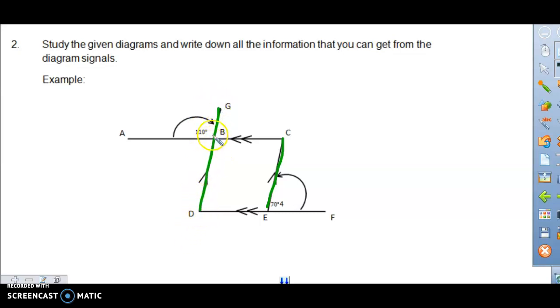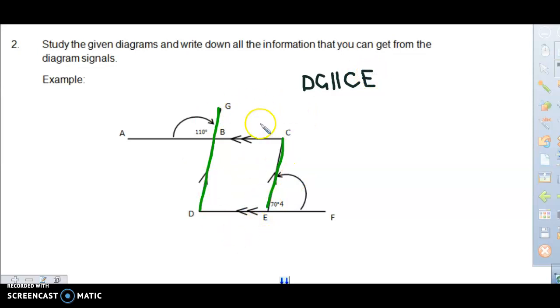You can use from D to B because it's the same side as D to G. But I'm going to use from D to G. So I'm going to say DG. And because they are parallel, I'm going to use the symbol for parallel, which is the two vertical lines. And DG is parallel to CE. So I'm just going to put that in, CE. That is given in the diagram.